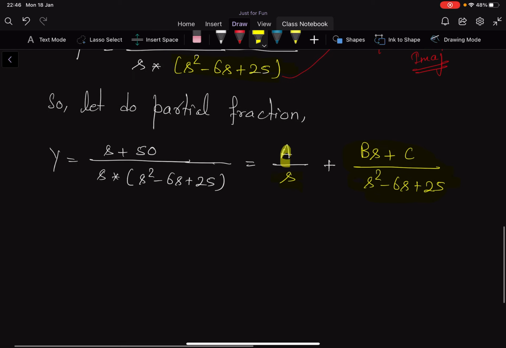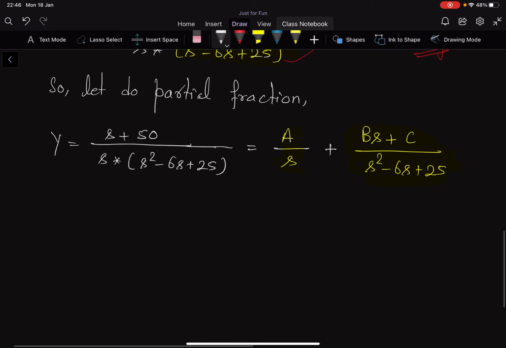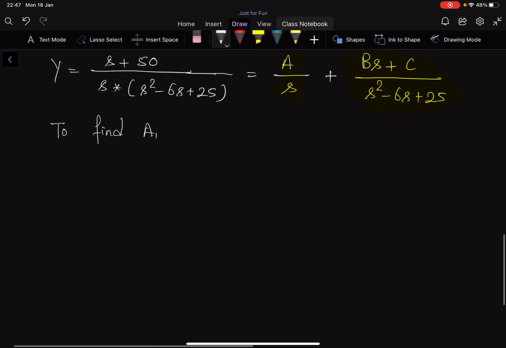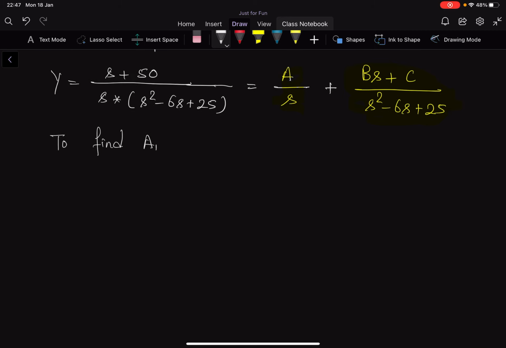Now we need to find the values of A, B, and C. Let's do this one by one. First, let's find the value of A. Finding A is straightforward, really easy. What you have to do is say A equals the partial fraction given to you, which is (s plus 50) divided by s times (s squared minus 6s plus 25).